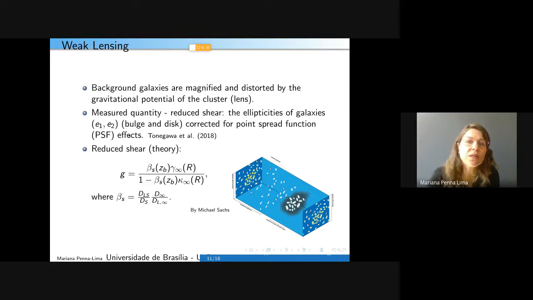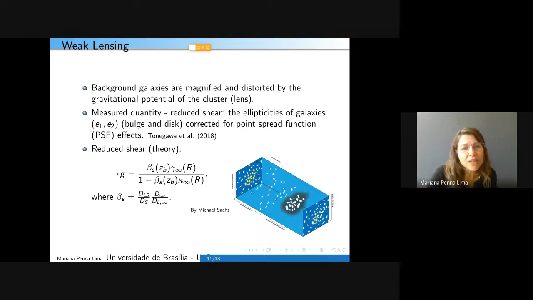So as I mentioned, we have here the background galaxies. The observer is going to observe these background galaxies distorted and magnified due to the presence of the lens, which in our case is going to be a galaxy cluster, okay? And we can measure the reduced shear given the ellipticities, and you also have to consider the point spread function, PSF, effect in these measurements.